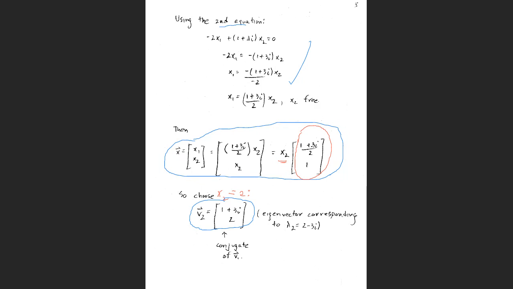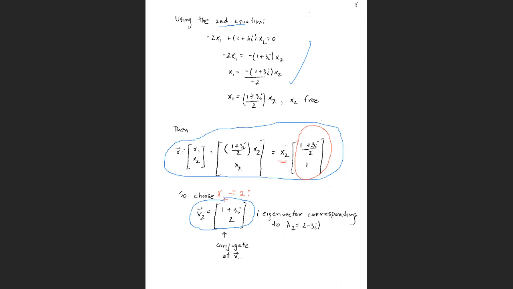In other words, the eigenvalues are complex conjugates, and the eigenvectors are complex conjugates. Because remember, the first eigenvector had components 1 minus 3i and 2.